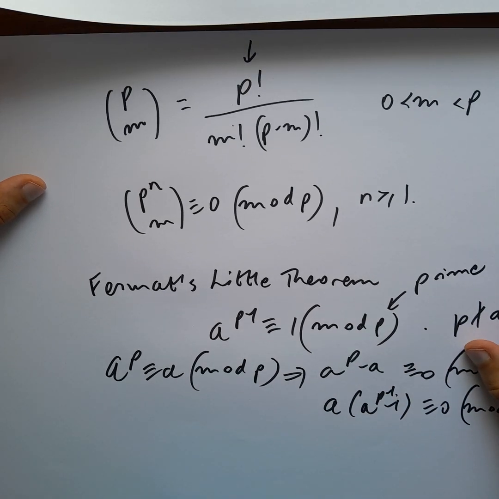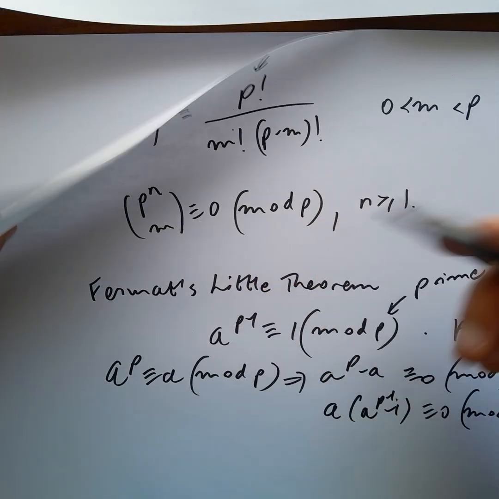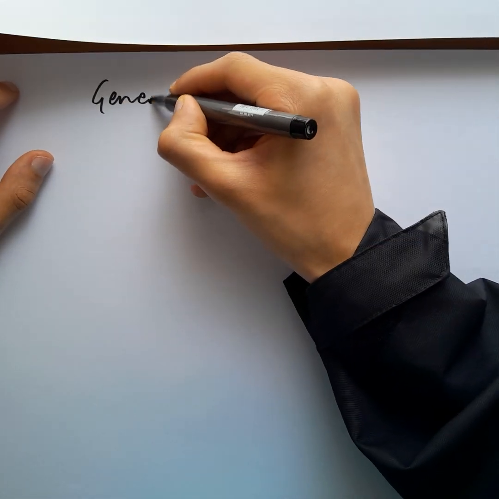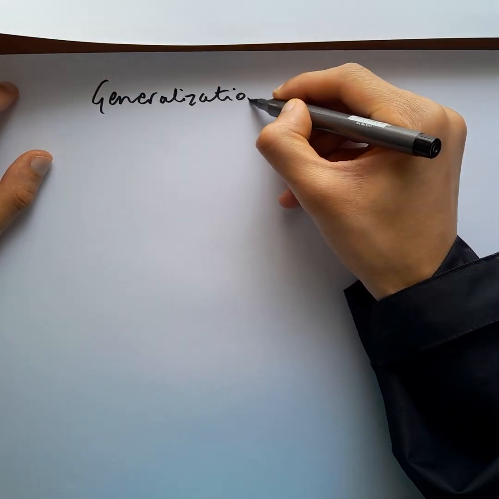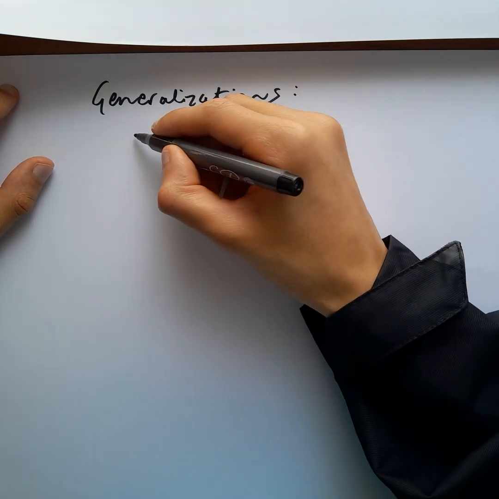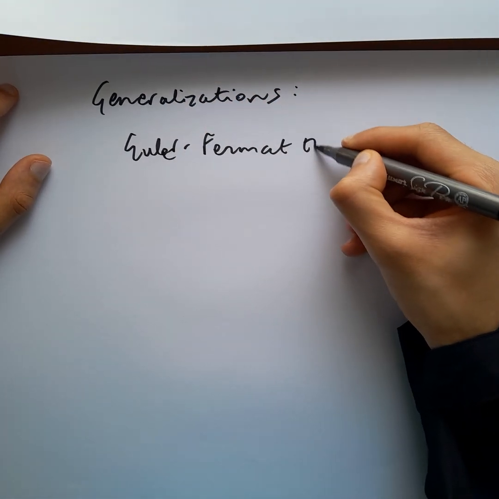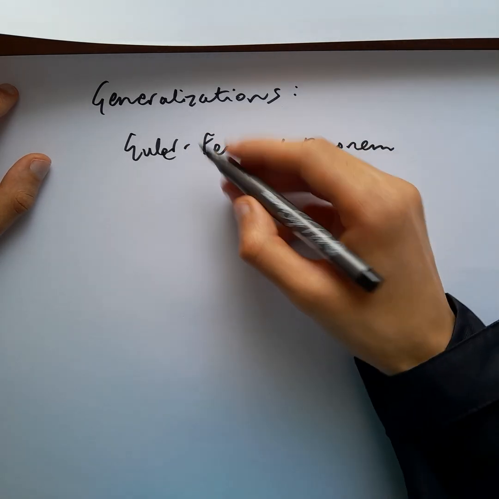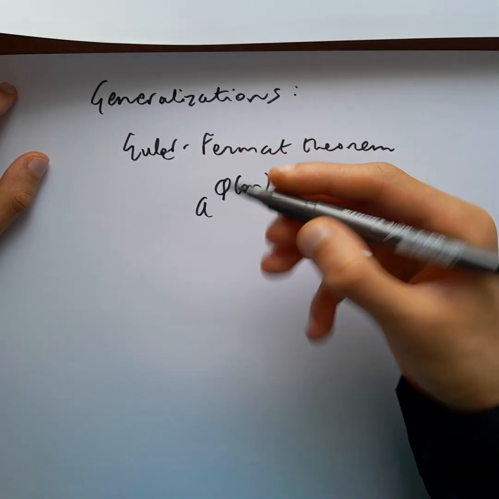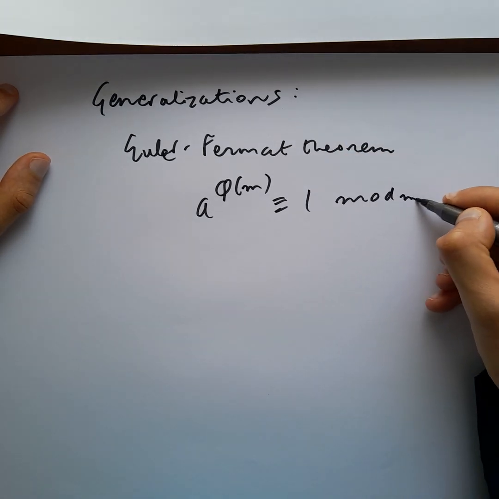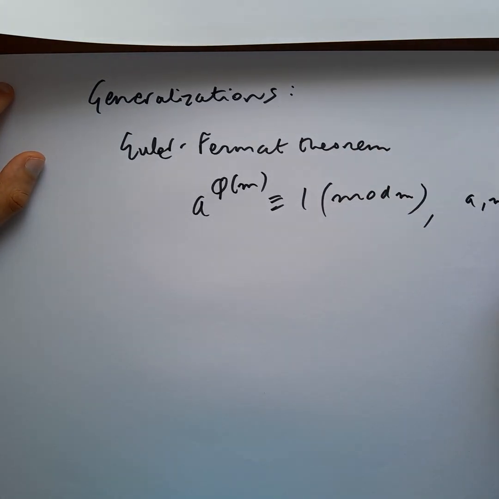Okay, so why did we rewrite it in this form? It's because Fermat's little theorem actually has a generalization. It can be generalized to the Euler-Fermat theorem, which says that a^phi(m) is congruent to 1 mod m, provided a and m are coprime.